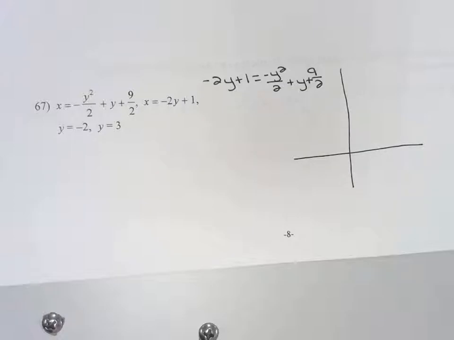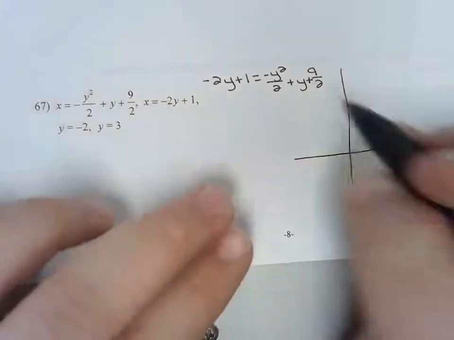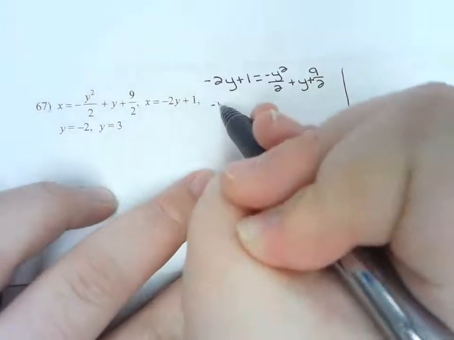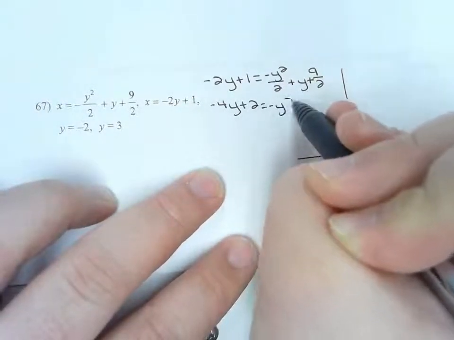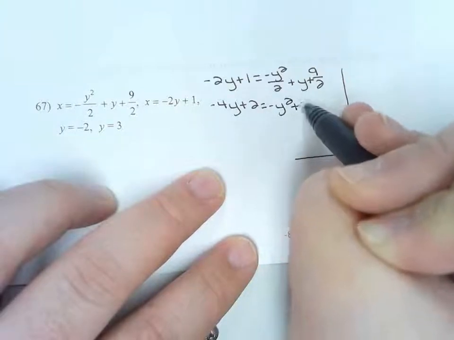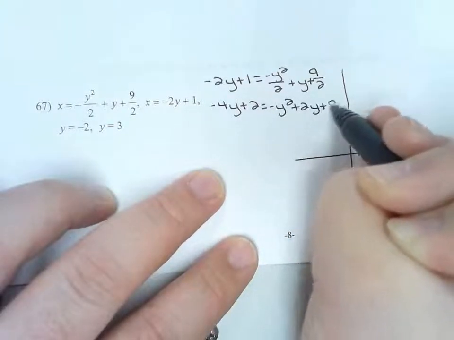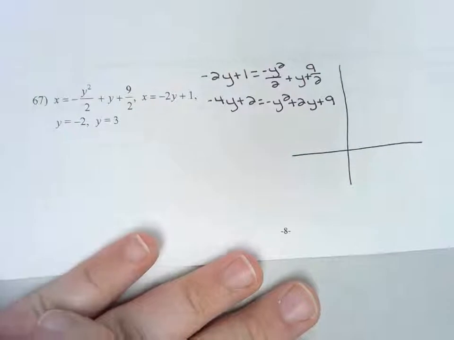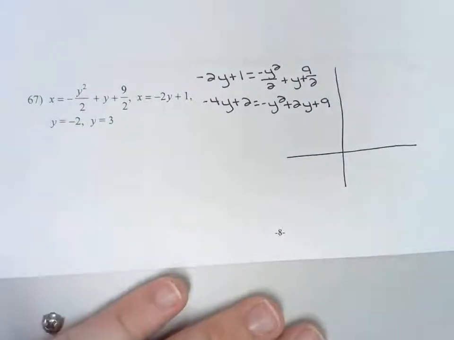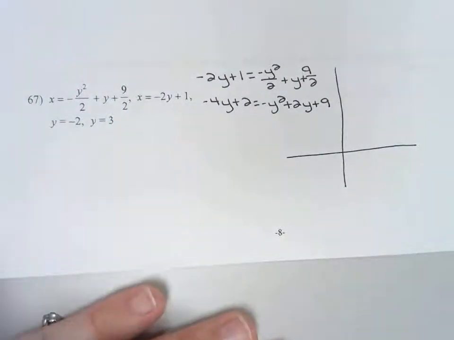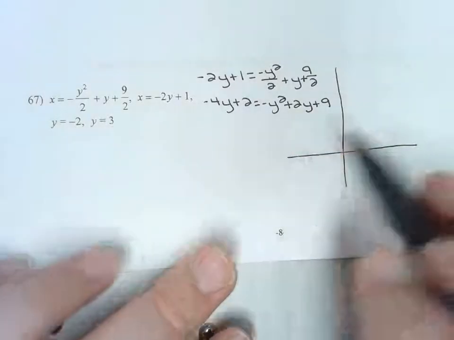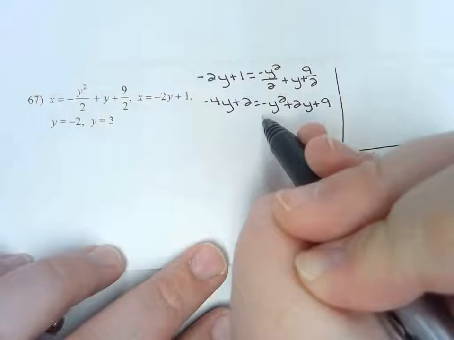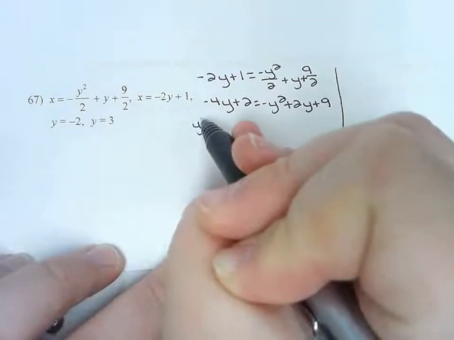I would get rid of fractions first, multiply everything by 2. So negative 4y plus 2 equals negative y squared plus 2y plus 9. I'm going to add y squared over, only because then I'll have a positive 1 in front of y squared.